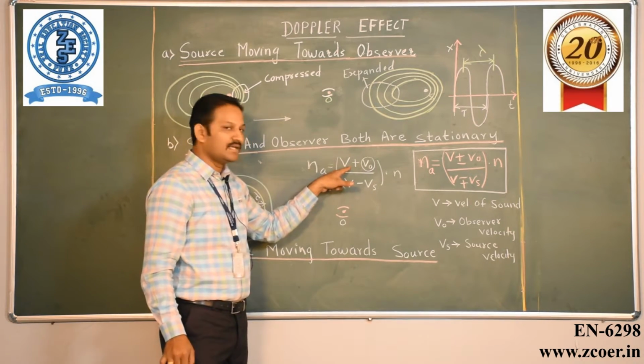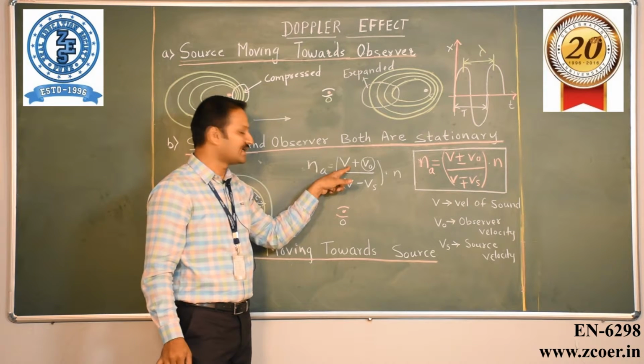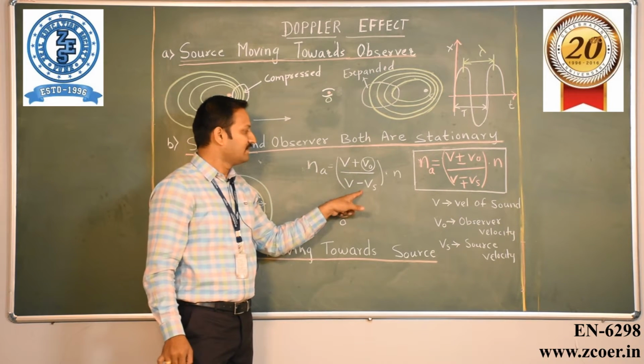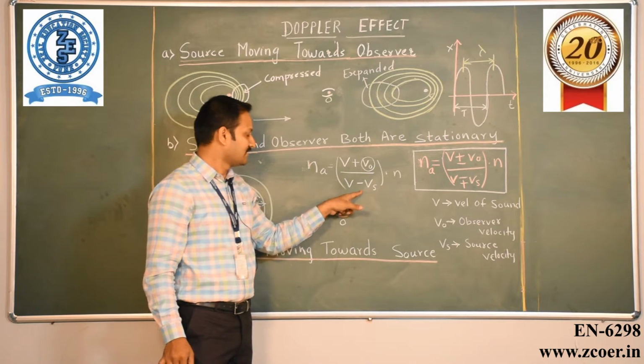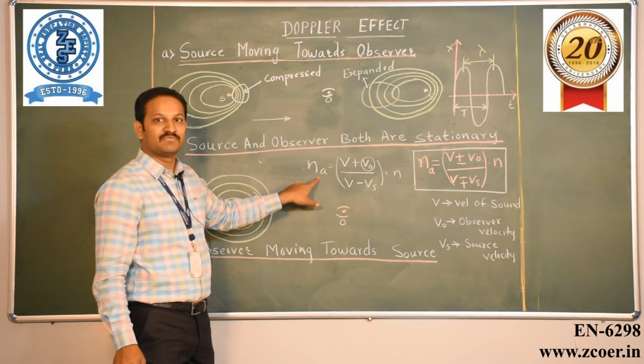That means V in the numerator becomes high and in the denominator it becomes less. Therefore, there will be apparent change in the frequency.